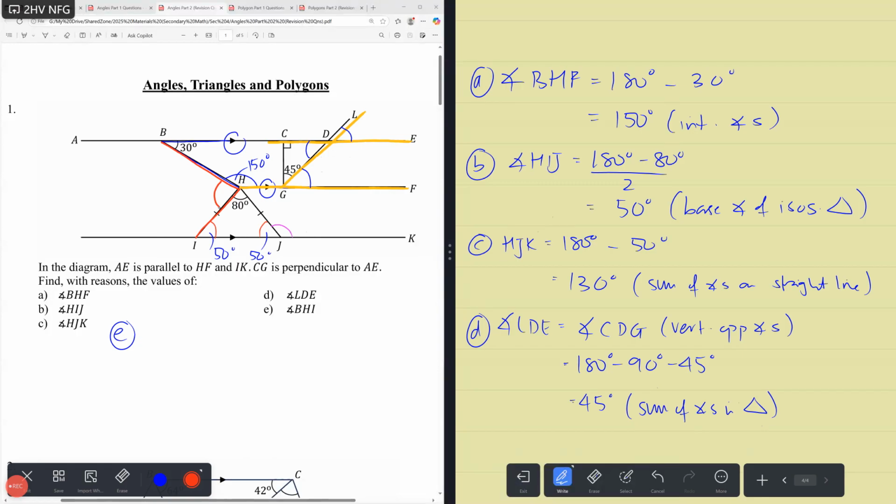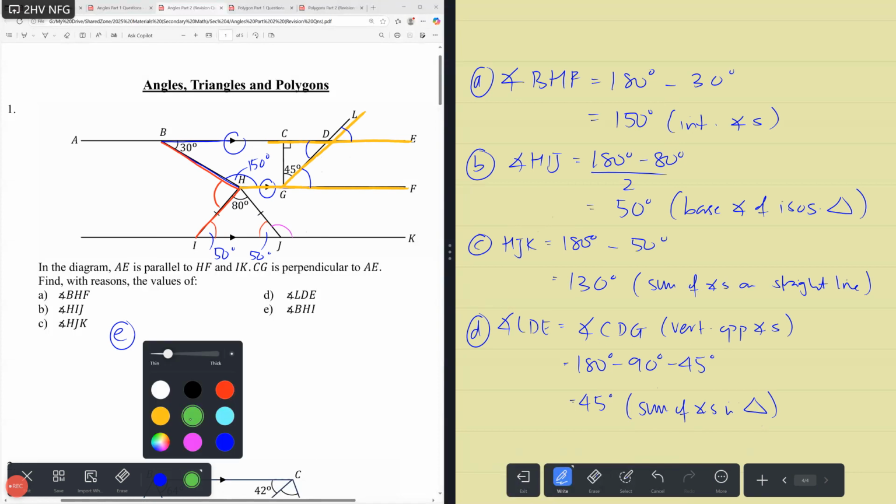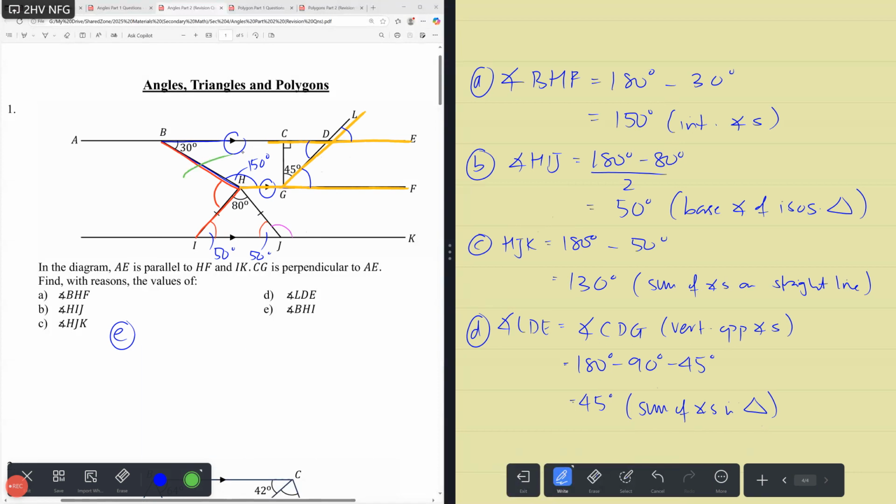Based on this, I can just focus on this area. Let's follow my green color marker here. In the middle here, it is angles at a point.